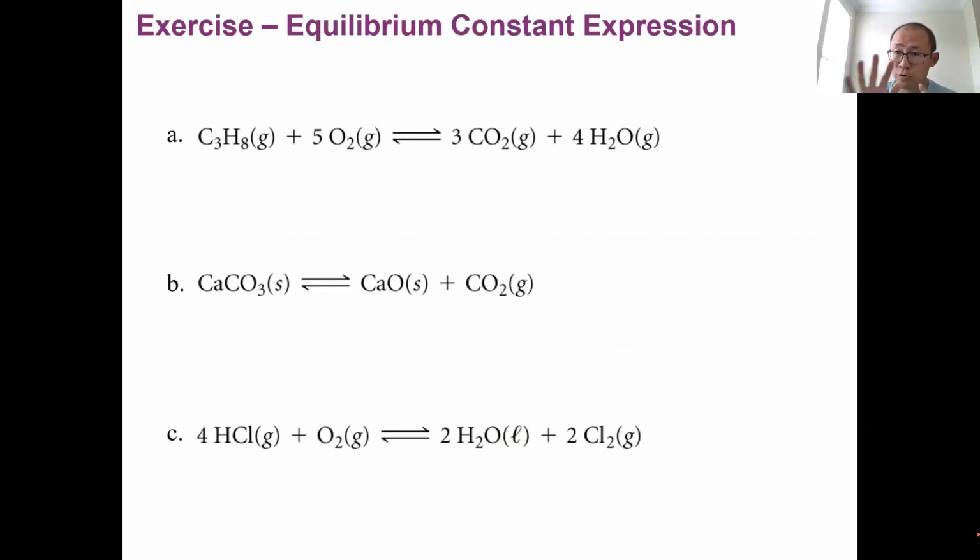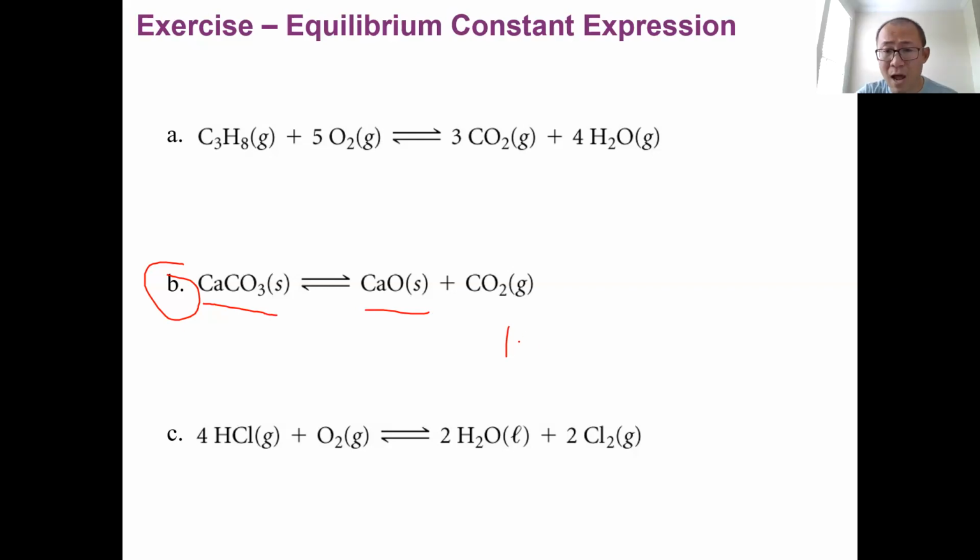But two things, don't forget. I said some facts about the equilibrium constant expression. That is, only gases and solutions have concentrations and will be included in the equilibrium constant. But solids and liquids, because they're pure substances, their concentration is 1. You don't include them in the equilibrium constant. For example, I pick the second one, the B. If you look at the equation, it is a decomposition reaction, but the reactant and one of the products are both solid.